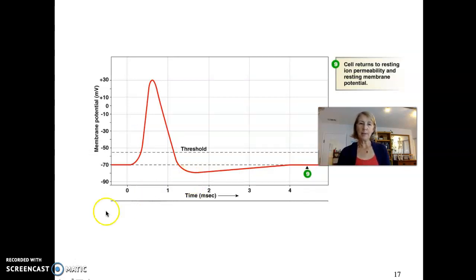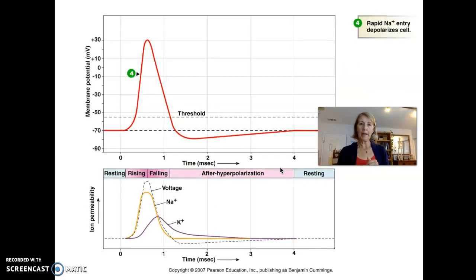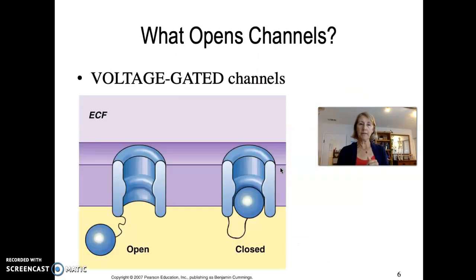So what just happened? Sodium poured in and it made the cell very positive. Potassium poured out and it made the cell become more negative again. That exchange of ions occurring all the way along the axon is creating current. So this little action potential is happening. Let me go back to this other diagram that I had for you here.